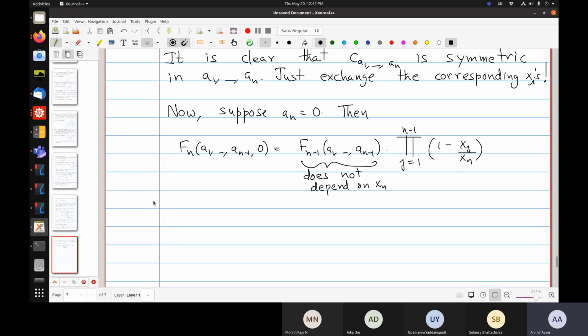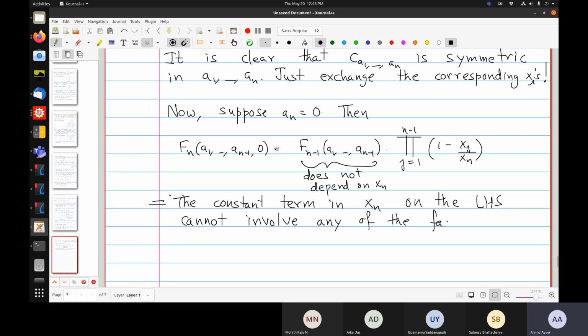So if I want the constant term in xn on the left hand side, it cannot involve any of the factors xj by xn, because if you pull any single factor from here, you're stuck, because 1 by xn will hang around forever, and you cannot kill it by any numerator here, because you cannot kill that xn.